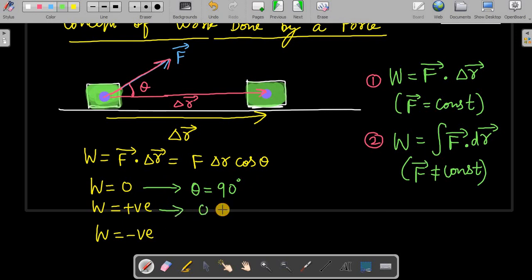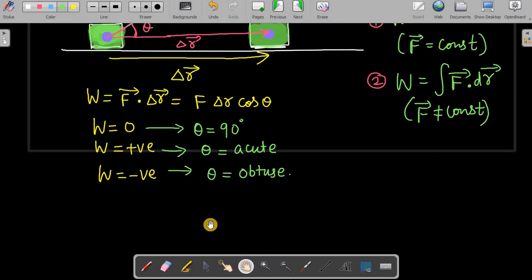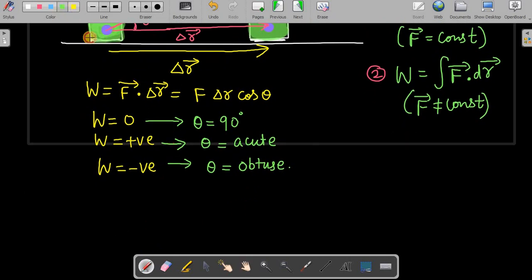Work done is positive when theta is an acute angle, and work done can be negative when theta is an obtuse angle. Also, if the body is displacing in the same direction and the force is also acting in the same direction, let us say this is the force and this is the displacement, delta r, then theta becomes 0 degrees.